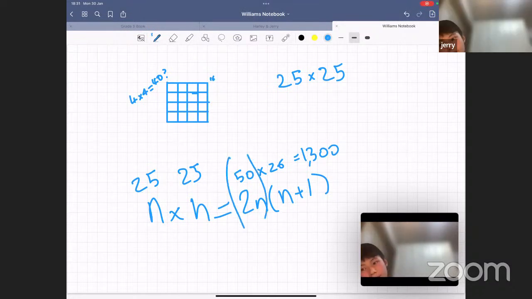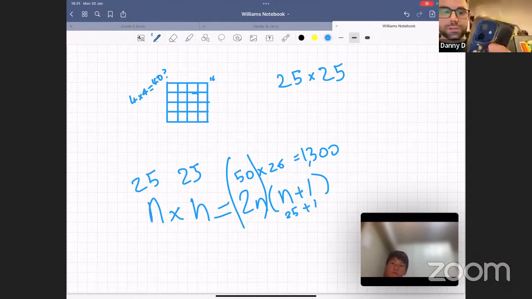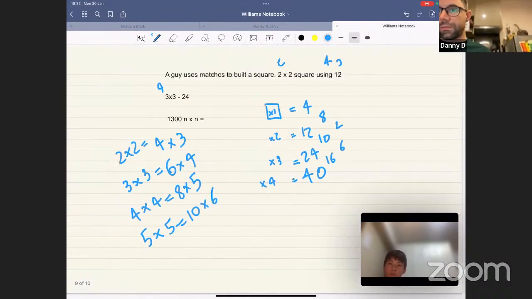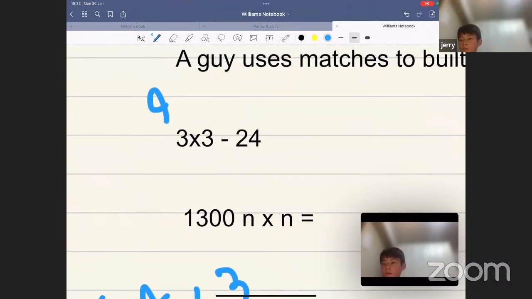Now, the reason I got that, 25 plus 1. For example, you can't do 25 times 25 to show how many there are. 3 times 3 doesn't equal 12, right? It would equal 9, but it shouldn't equal 24.